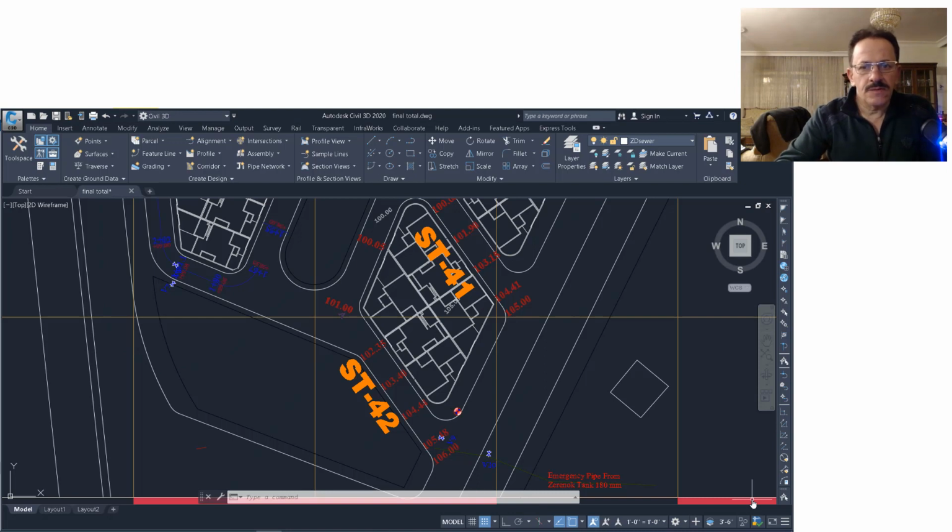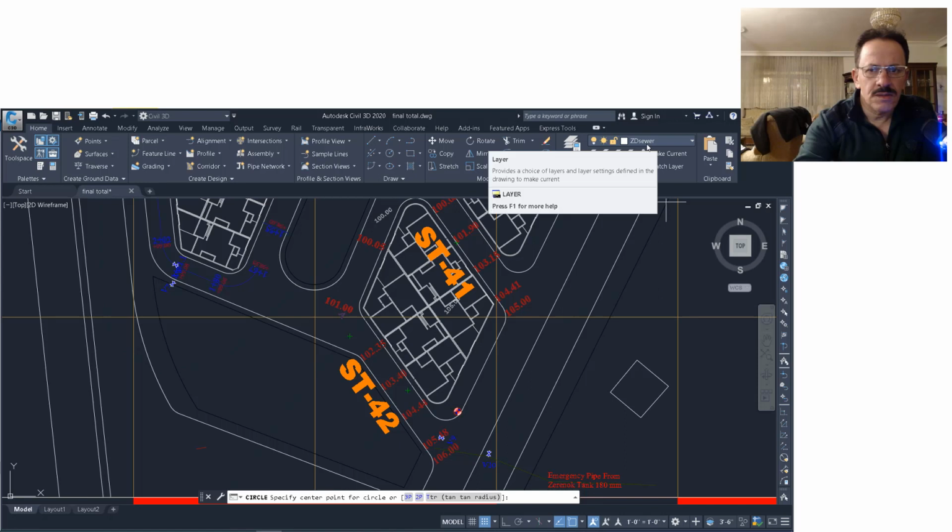For the part of the sewer, it is very important to know where you have to start. The first thing to start with is to put the location of the manholes here. Now to do that, I'm going to just draw, for example, here's the manhole. I will draw it, and make sure we are working in the sewer layer.